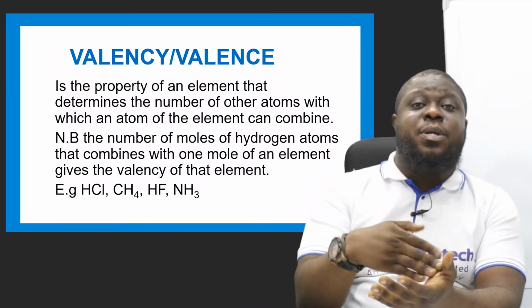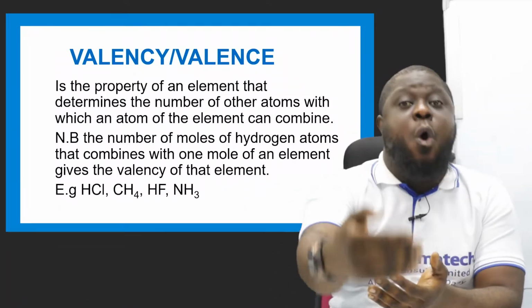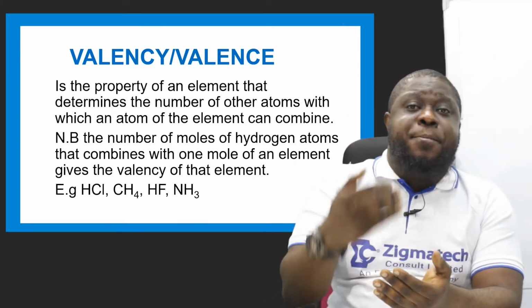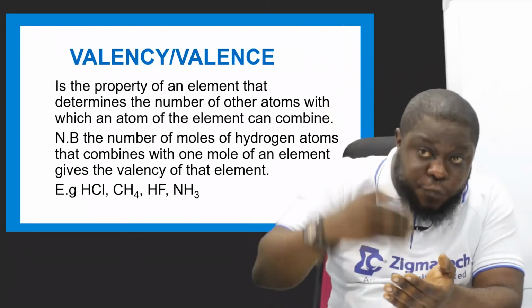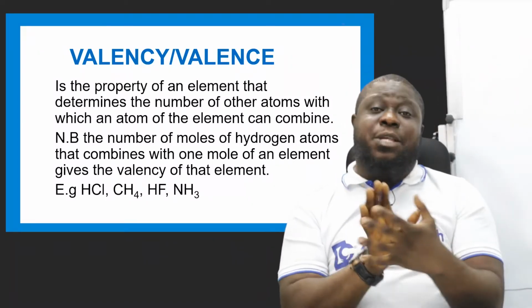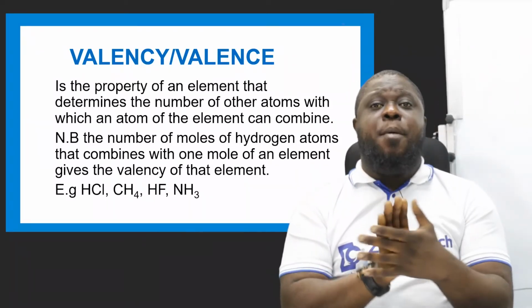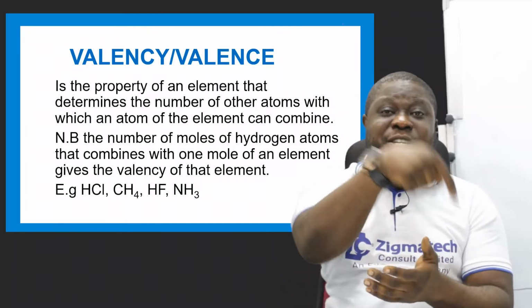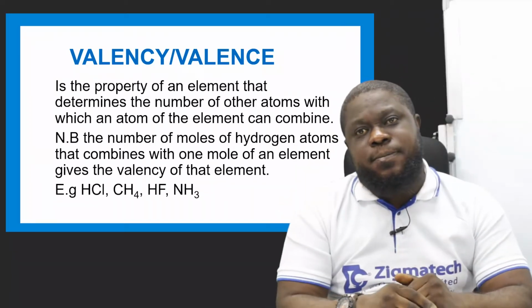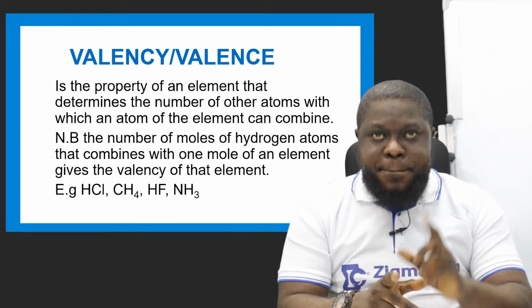When it reacts with nitrogen, it becomes 3 moles of hydrogen. That 3 moles of hydrogen becomes the valency of nitrogen, because if hydrogen reacts with an element, the number of moles becomes the valency of that element it is reacting with to form the compound.